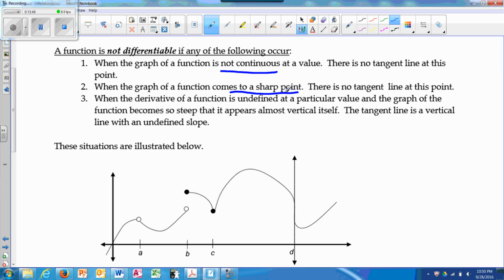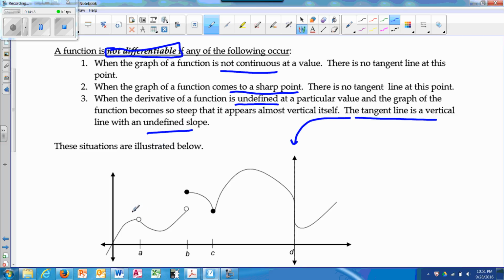A function is never differentiable if any of the following occur. If the function is not continuous, there can be no tangent line at the point. If the function has a sharp point, you do have continuity, but your derivative cannot exist. There is no tangent line at that point.